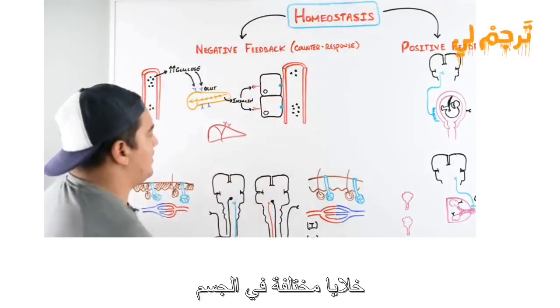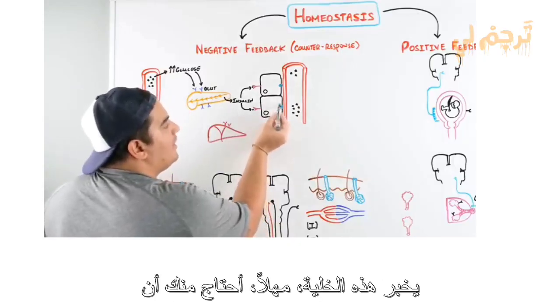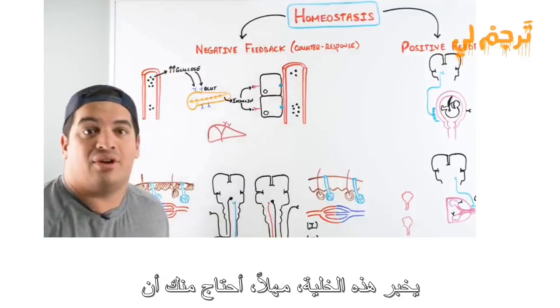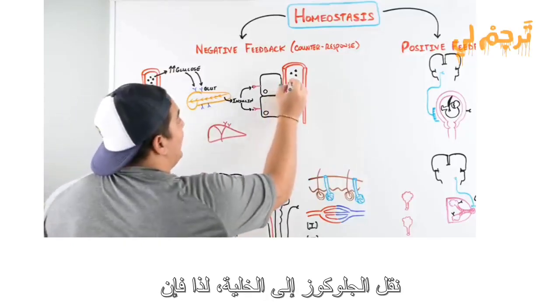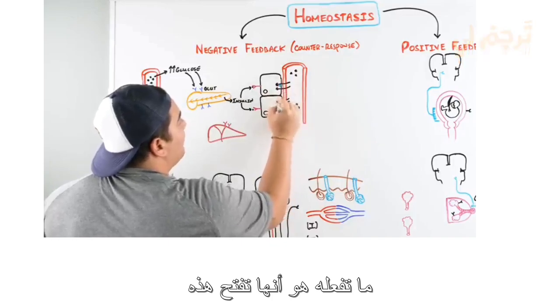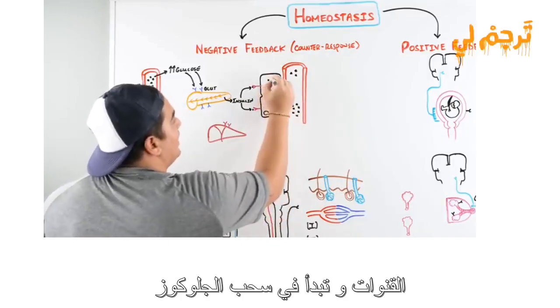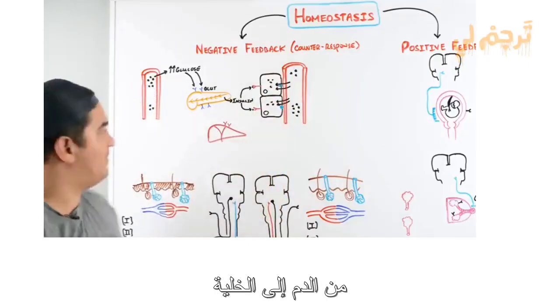When it binds onto these receptors, it tells the cell, hey, I need you to open up these protein channels and start shuttling glucose into the cell. It opens up these channels and starts pulling glucose out of the blood and into the cell.